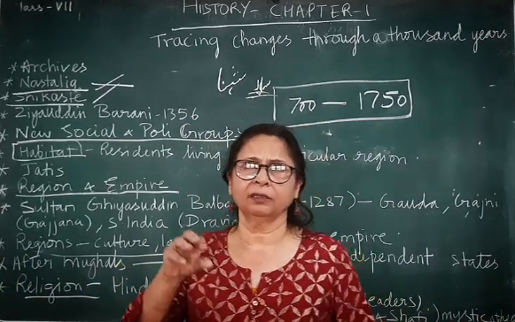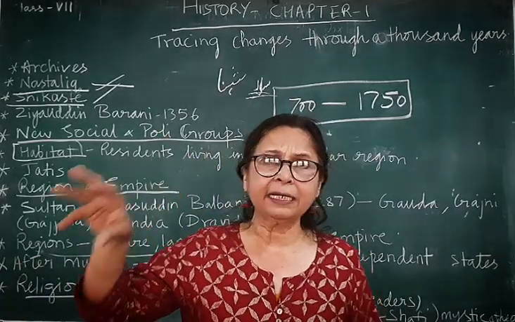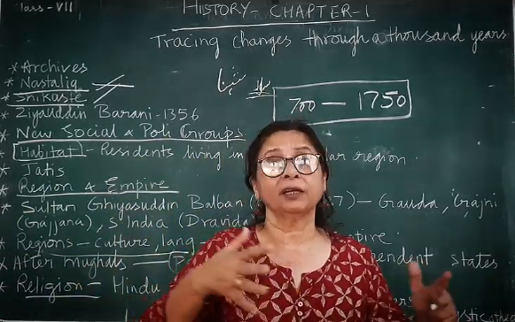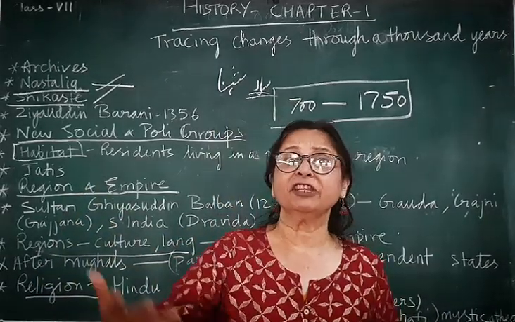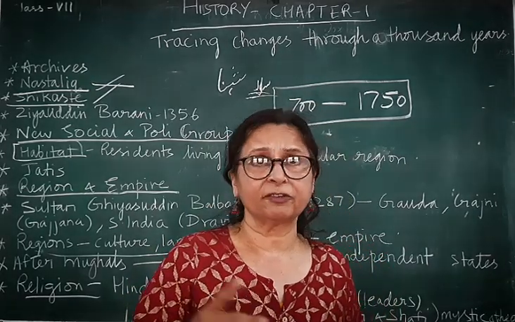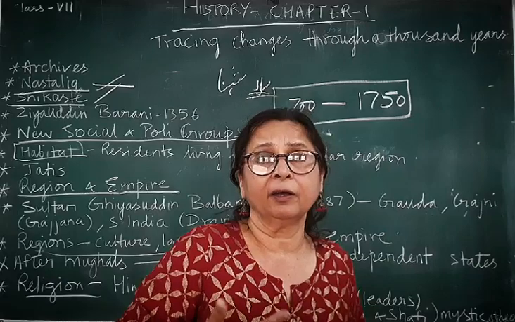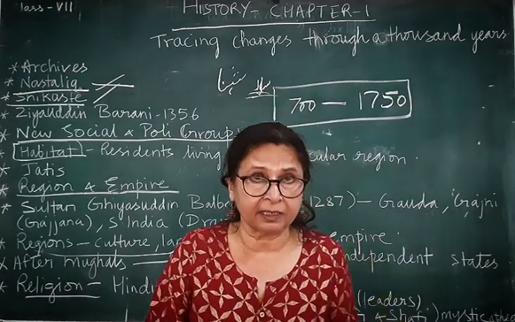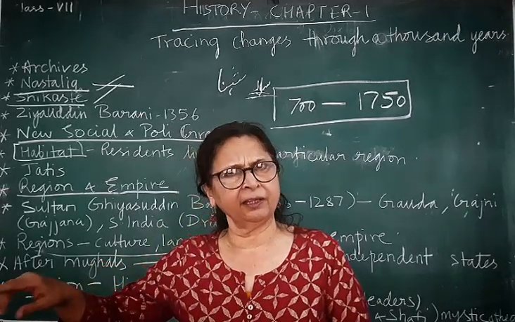Some ruled only a state or a kingdom, whereas others ruled most parts of the subcontinent, or a large region we can say. Prashasti means praise, written manuscript or words that are written in praise. You will come across this word Prashasti in the second chapter also.